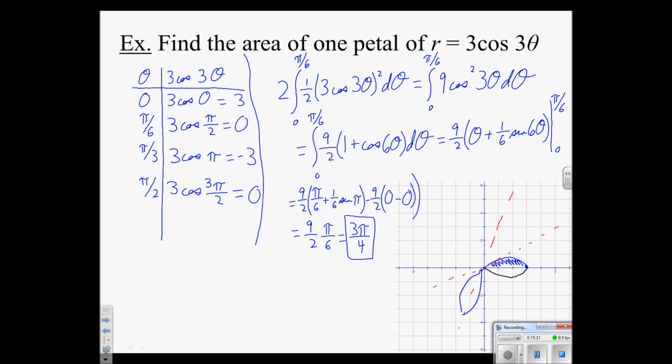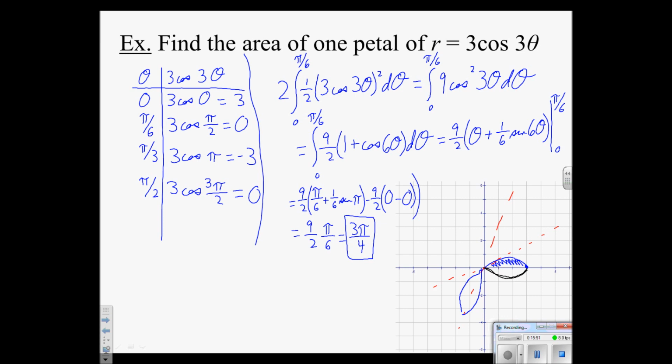Polar functions have a lot of symmetry, and we can definitely use that to our advantage. And so that's exactly what we did. We just set up the integral for the top function, and then we doubled it. If we wanted to, this black portion down here at the bottom, we could have picked that up by letting theta run backwards.